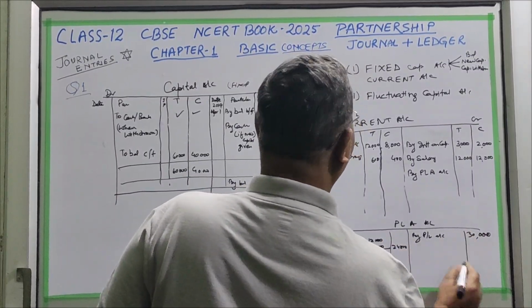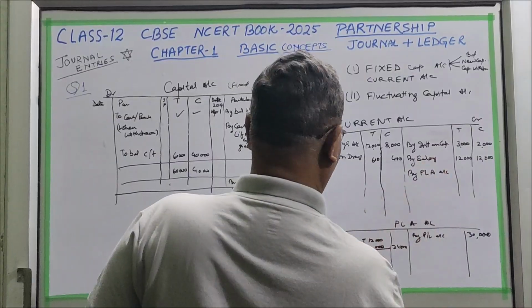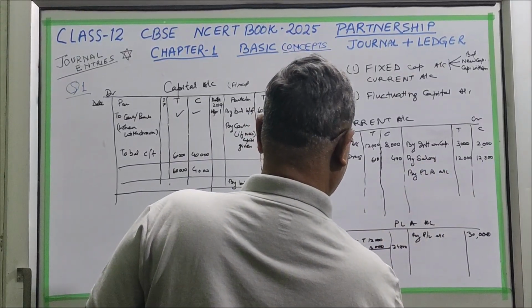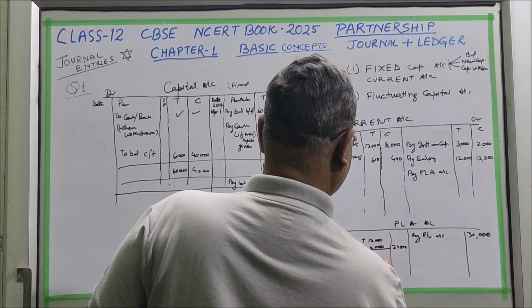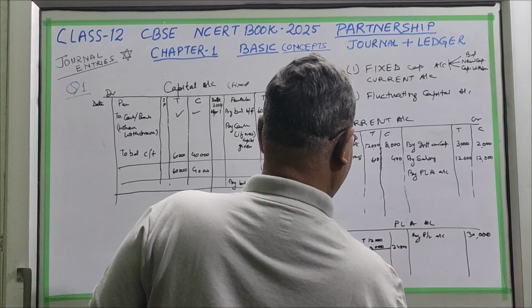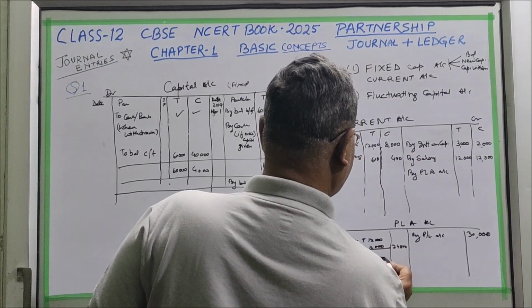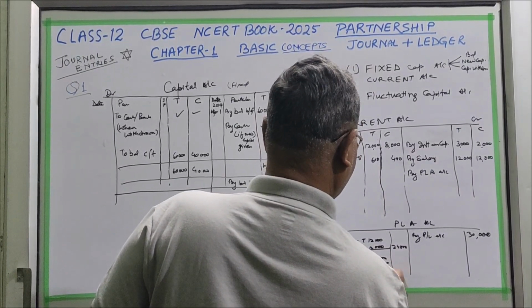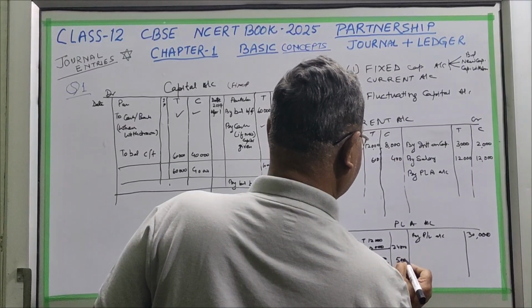Then interest on capital to T and C, 3,000 and 2,000, so it is 5,000.